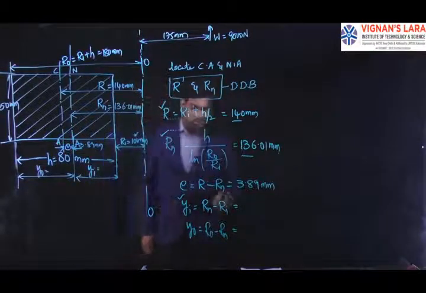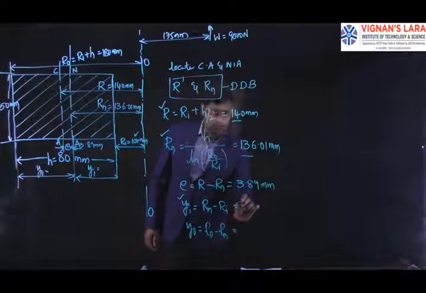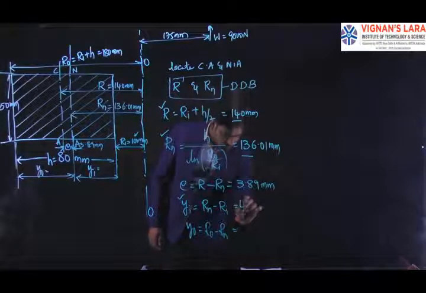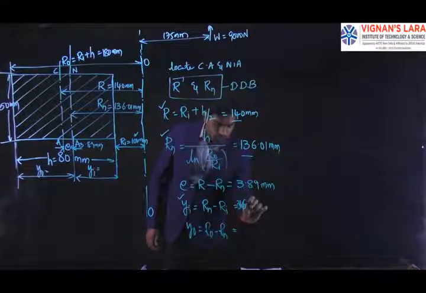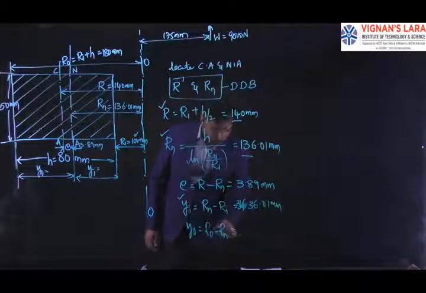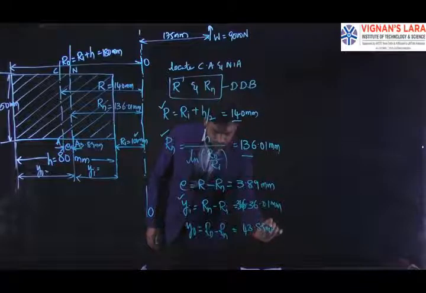Rn value is 136.01 and Ri is 100, so you get 36.01 mm, and y naught is 43.89 mm.